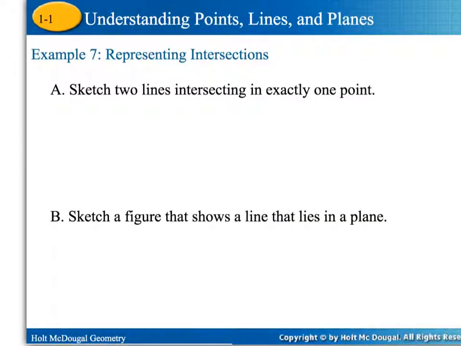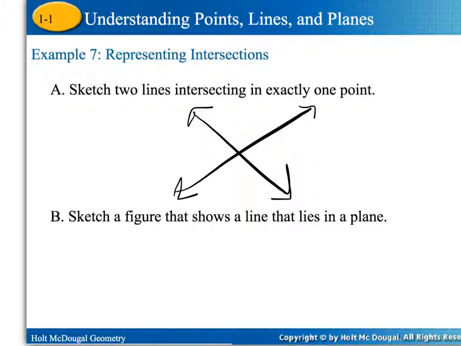All right, our last examples are to draw things on our own. For 7, they want us to sketch 2 lines intersecting in exactly one point. This one we already did in our notes. So 2 lines, here's one with my arrows, and they want to intersect at one point. There we go. There's no other way to draw this. And let's go ahead and show where the point is.